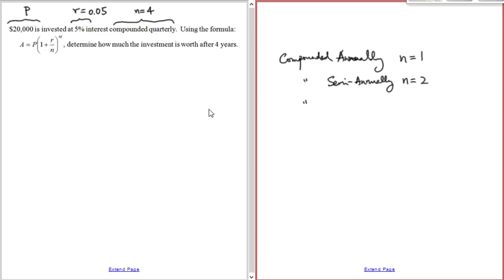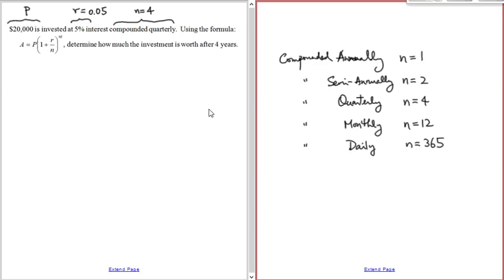If compounded quarterly, that means n would be equal to 4. And when we compound monthly, n would be equal to 12. That means you will receive interest 12 times a year. So what about compound daily? We have 365 days a year, so n would be 365.